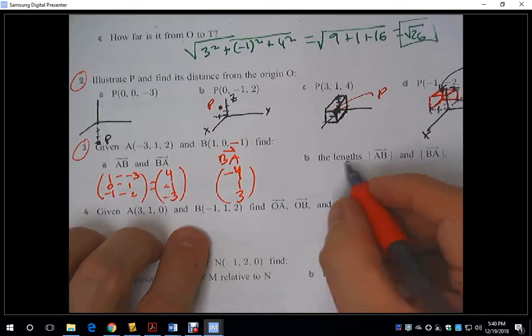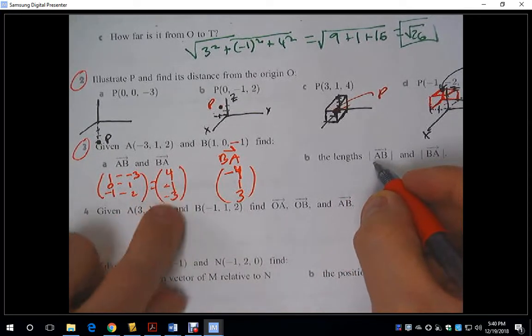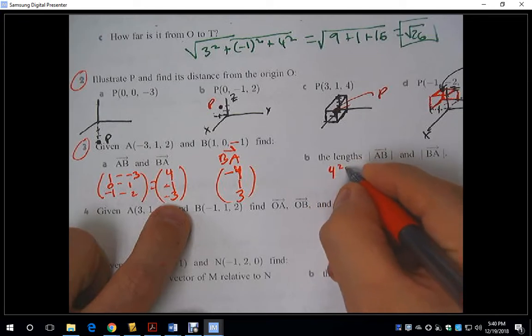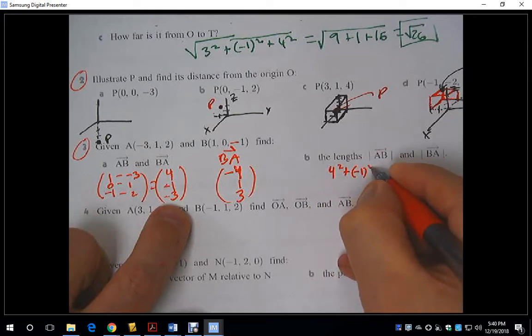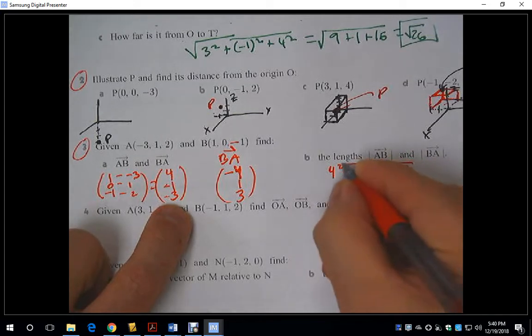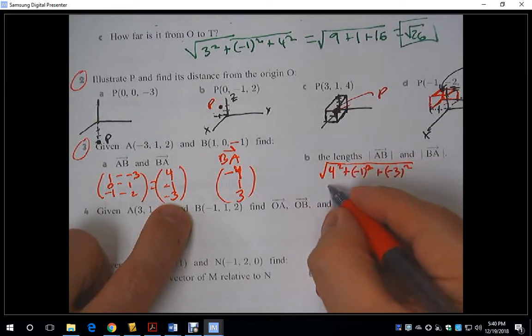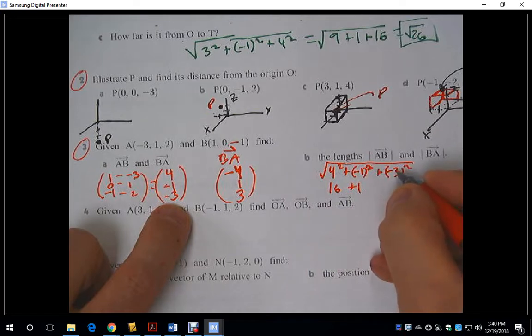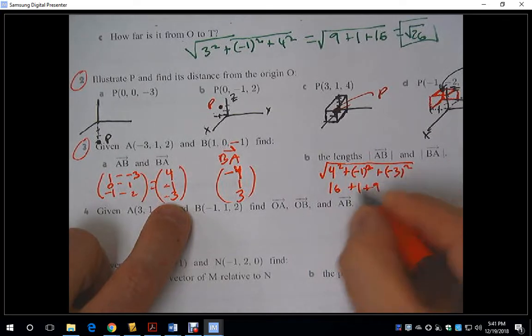Now I have to find the magnitude of this vector. So this is going to be, we're just using the Pythagorean theorem of 4 squared plus -1 squared plus -3 squared, all under a square root. 4 squared is 16. -1 squared is -1 times -1, which is 1. And -3 squared is -3 times -3, which is 9. So I have 16.